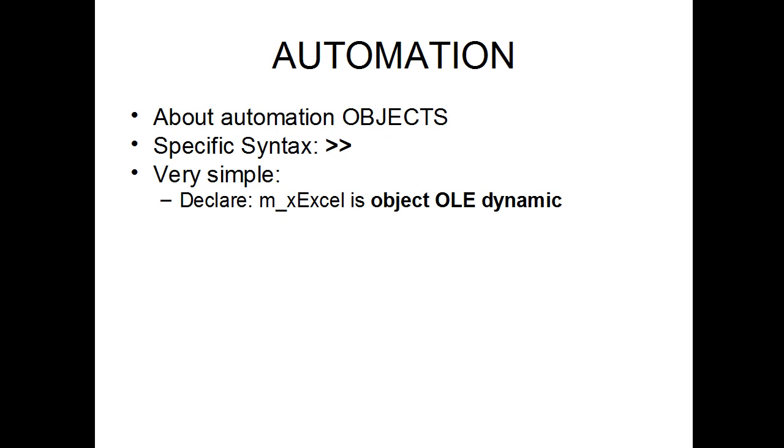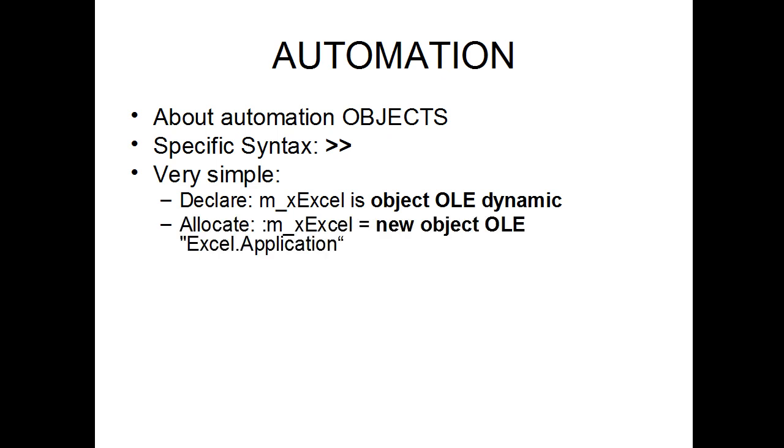Then when you need it, you're going to allocate the object. To do that, you do the name of the object, of course, equal new object OLE, and after that you use the name of the OLE server. How do you find the name of the OLE server? Well, it is available in the registry, or you can find that very easily on the web.